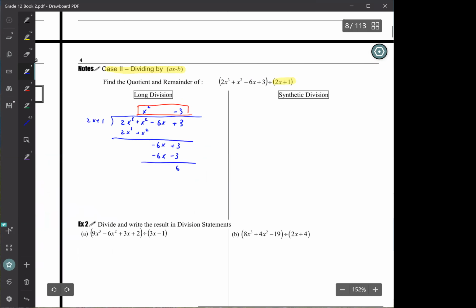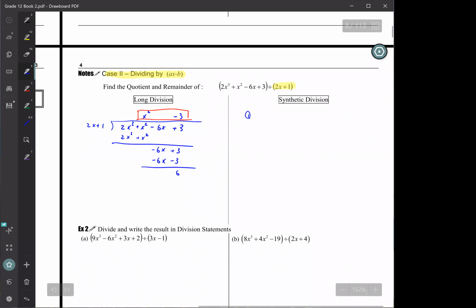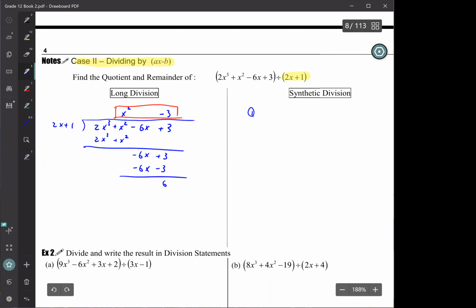So step 1 was to solve divisor equal to 0. It's still the same step. So we write the divisor equal to 0: 2x plus 1 equals 0. If we solve for x, what's the answer then?